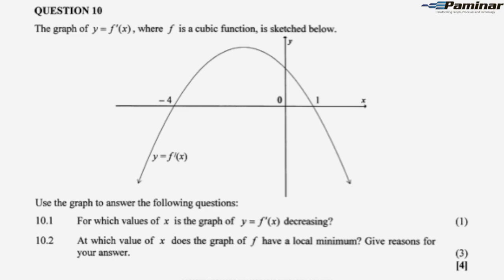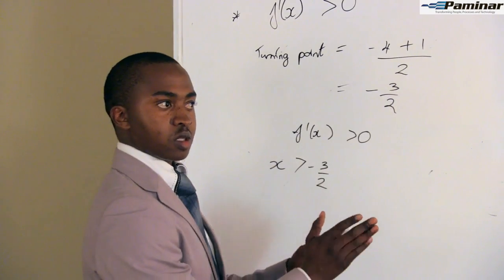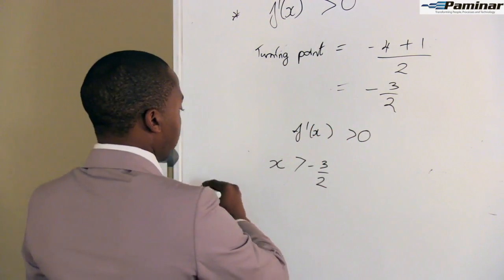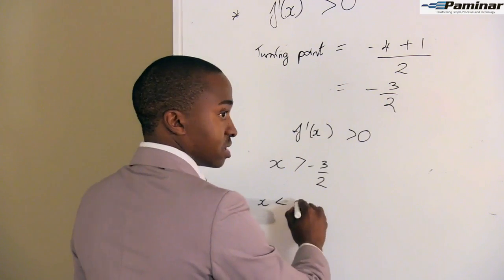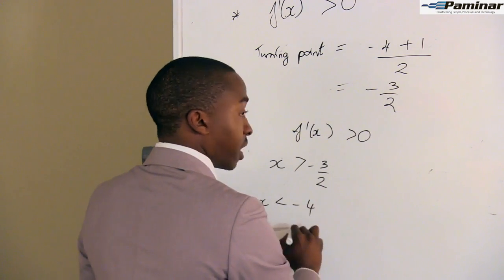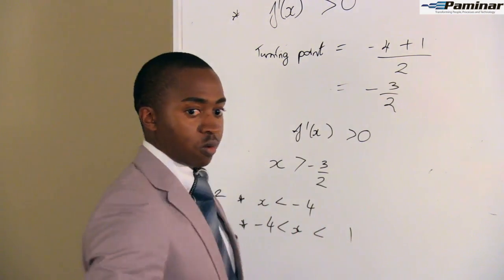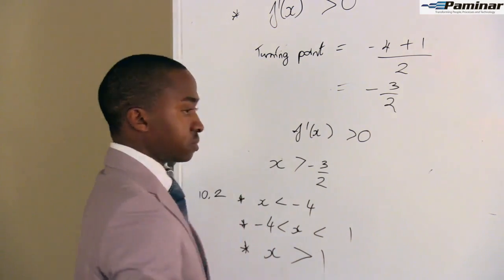In order to do this, you have to check the part which is x less than -4, then the part where x is between -4 and 1, and the part where x is greater than 1.